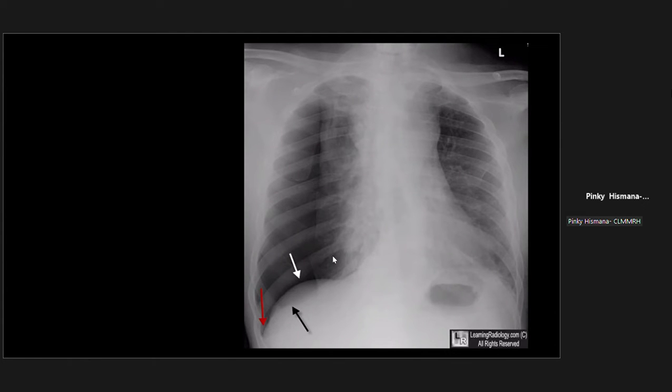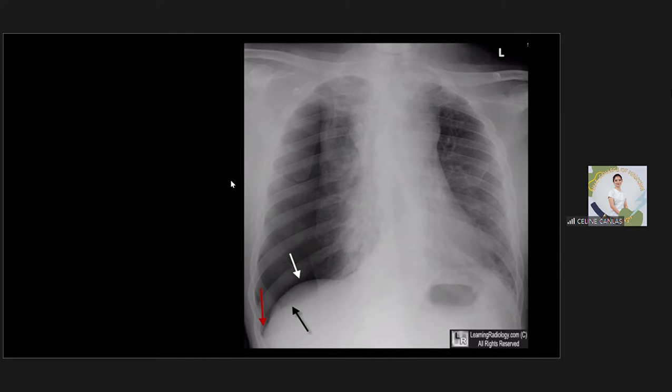So what do you think happened here, Celine? What produces lucent lesions or densities on chest x-ray? Basically, there are only two. Usually, if it's lucent on chest x-ray, what are the densities?